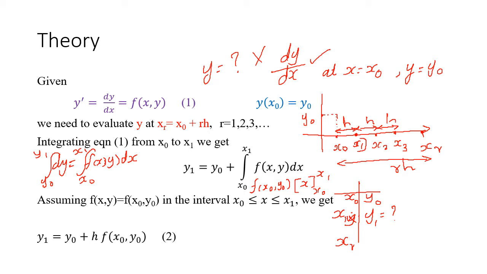Okay, so this gives you y1 equal to y0 plus h into f of x0 y0. Okay, so as I already remarked, this y1 will be acceptable if and only if x1 is that much closer to x0, or in other words, x1 is very much closer to x0, that h is really small.